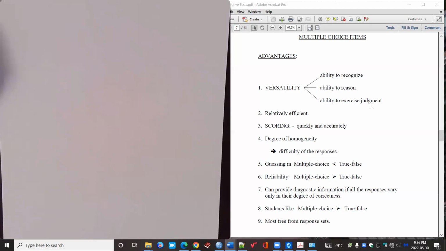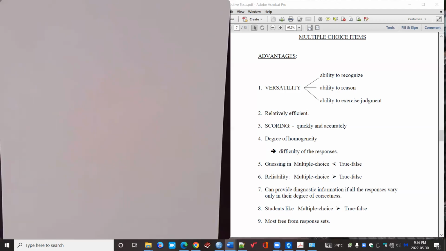It is relatively efficient in terms of the number of items that can be presented within a prescribed time and the space needed to present them.